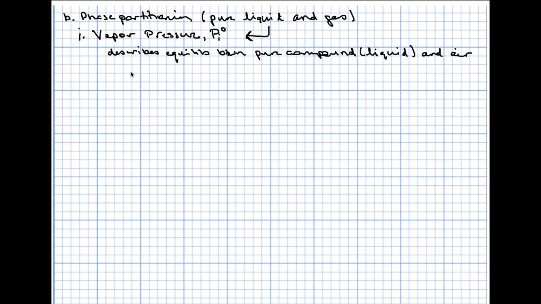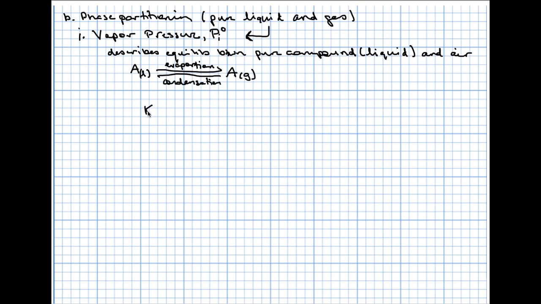So in this case we have our pure compound that is a liquid, and through evaporation it can enter the gas phase, and then through condensation it can return to the liquid phase.